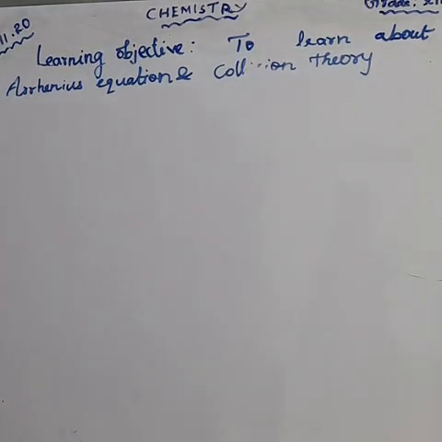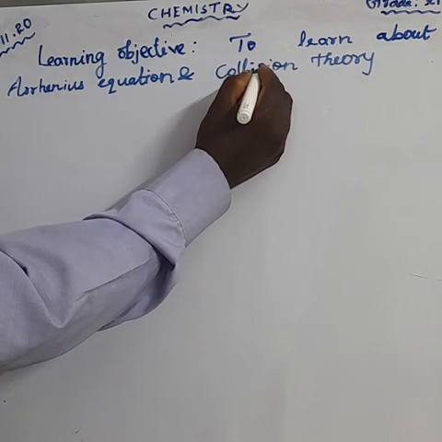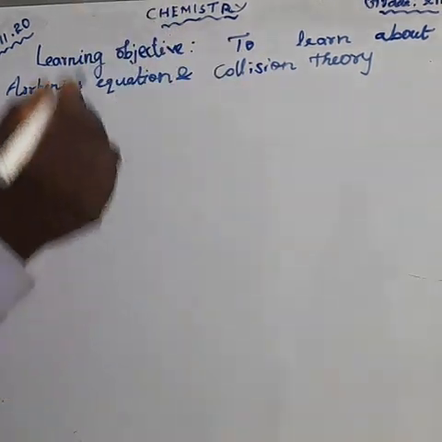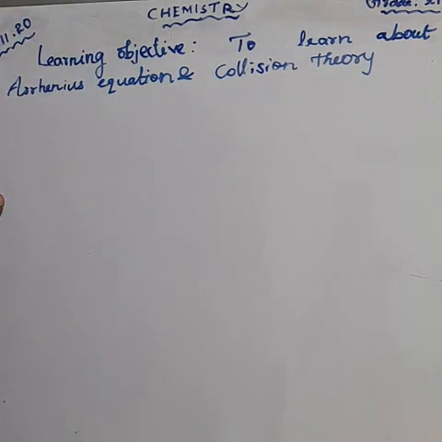Okay. Our one question is over. Next we can learn about the collision theory. The collision theory was proposed by Max Trautz in 1916 and also William Lewis in 1918.